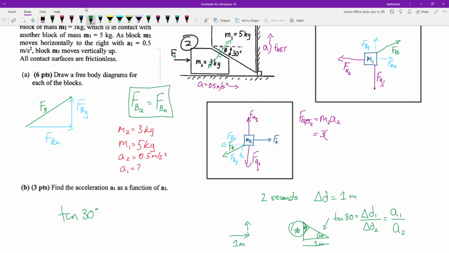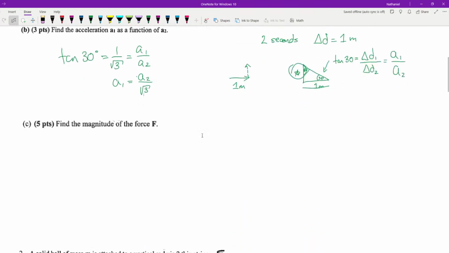Tan 30, which is 1 over root 3, is a1 over a2. So find the acceleration a1 as a function of a2. So a1 is equal to a2 over root 3. Boom. Okay. Let's keep it moving.